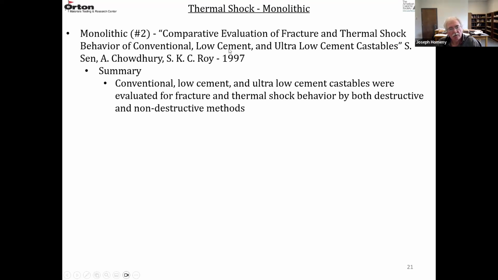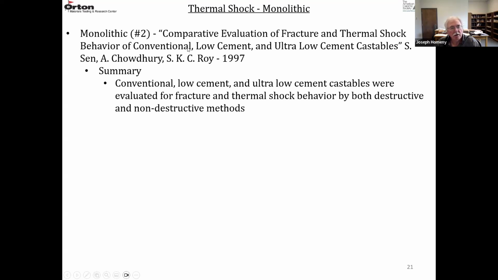Calcium aluminate cement. The more you decrease the cement, the lower the lime content. So the lower the potential for low melting phases between alumina, silica, and lime. And then finally, ultra low cement castables with a very low cement content. And there are actually no cement castables now that use other materials like a colloidal silica or reactive alumina as the bonding matrix.